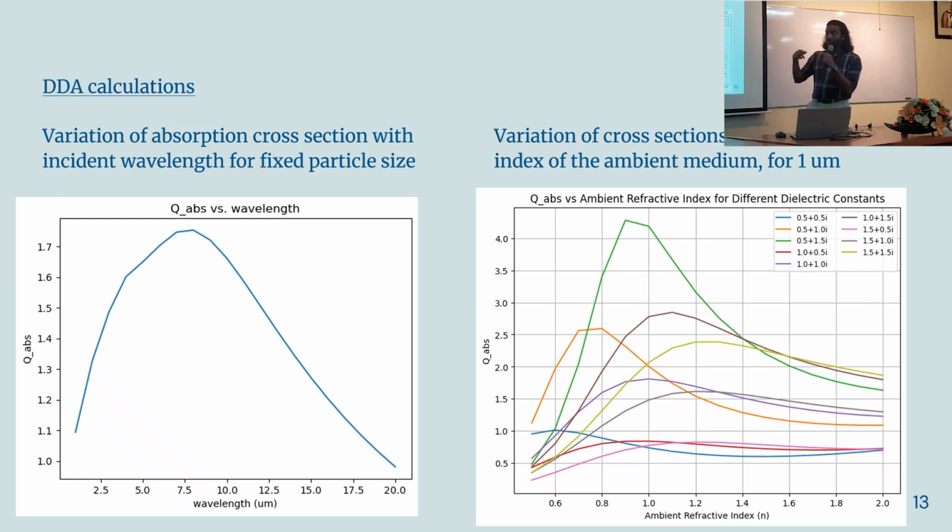So my previous calculations were for single spheres using Mie theory. These are for single spheres and arrays of spheres using the discrete dipole approximation. They were found to give pretty much the same results for single spheres.